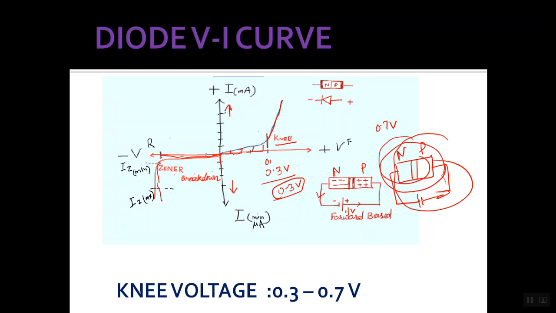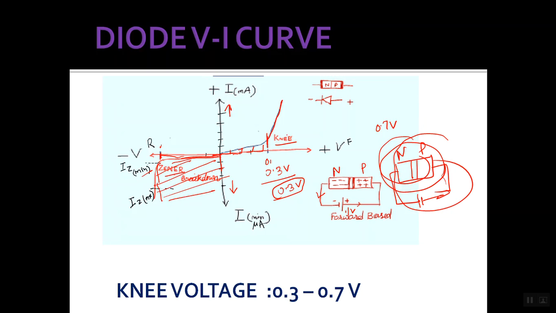This point is called Zener breakdown point. This effect is called Zener effect. So guys, here we understood what is Zener effect, and this particular region here is called Zener breakdown region.